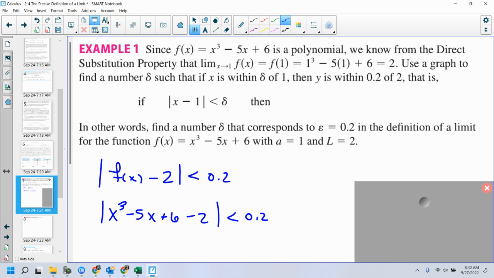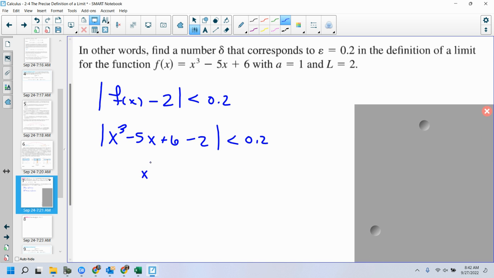And we know from algebra that this absolute value inequality, with a less than, means an "and" compound inequality, where we have x to the third minus 5x plus 6 minus 2. I know we could simplify that if we wanted to, but I'm not going to right now because I'd like to visualize it this way.